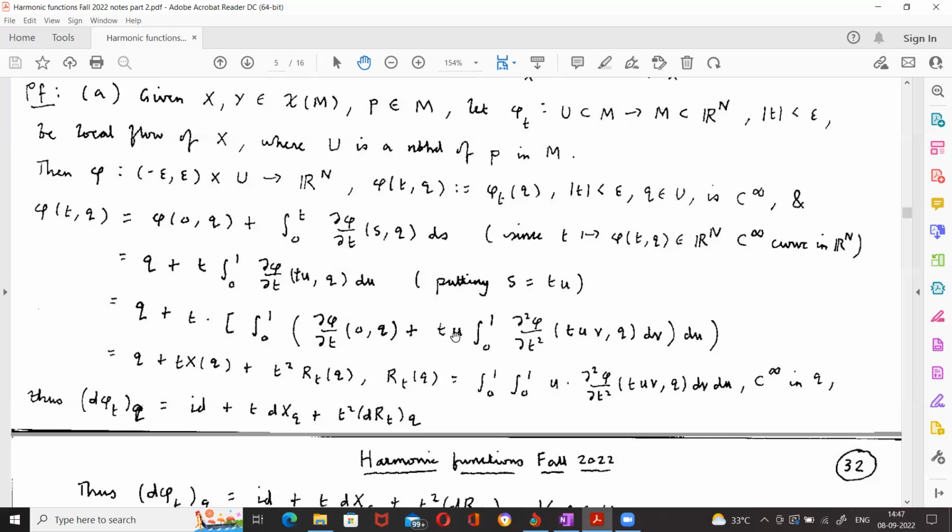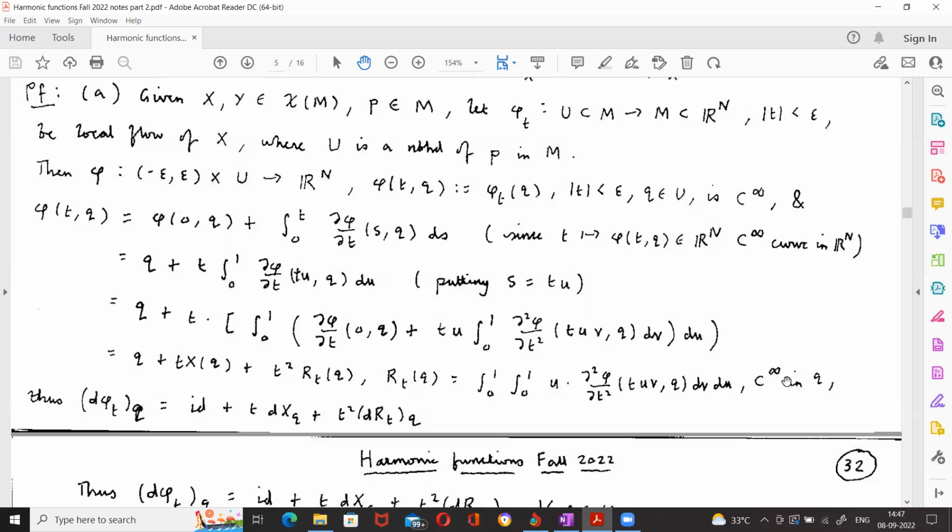So I have this u inside here, and I get a double integral from 0 to 1, from 0 to 1, of u times del squared phi del t squared of tuv comma q dv du. All right. Is this okay?